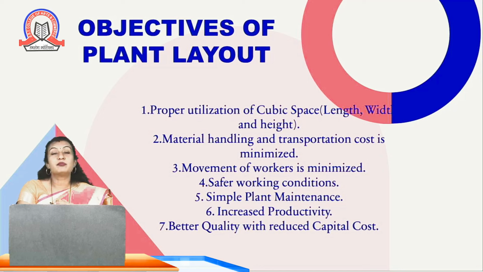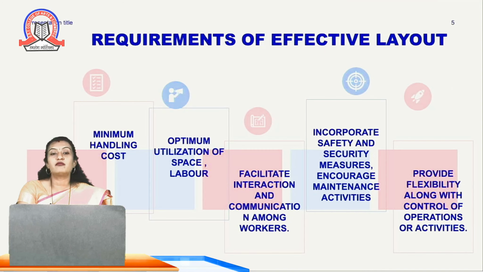Then there is minimum movement of workers, there are safe conditions, plant maintenance, plant supervision, and whenever plant servicing has to be done, especially the machines have to be serviced regularly, maintenance work has to be carried out. So for this reason plant layout becomes very important, and that is the objective of plant layout.